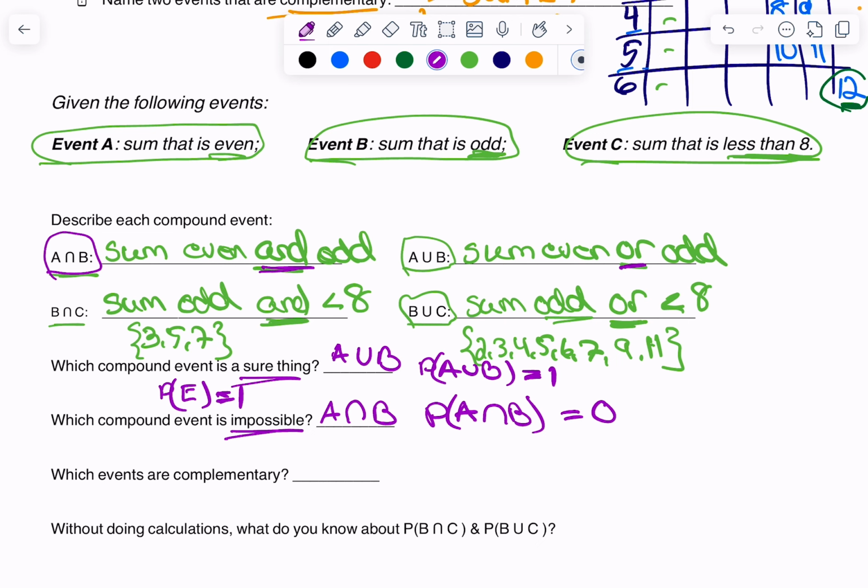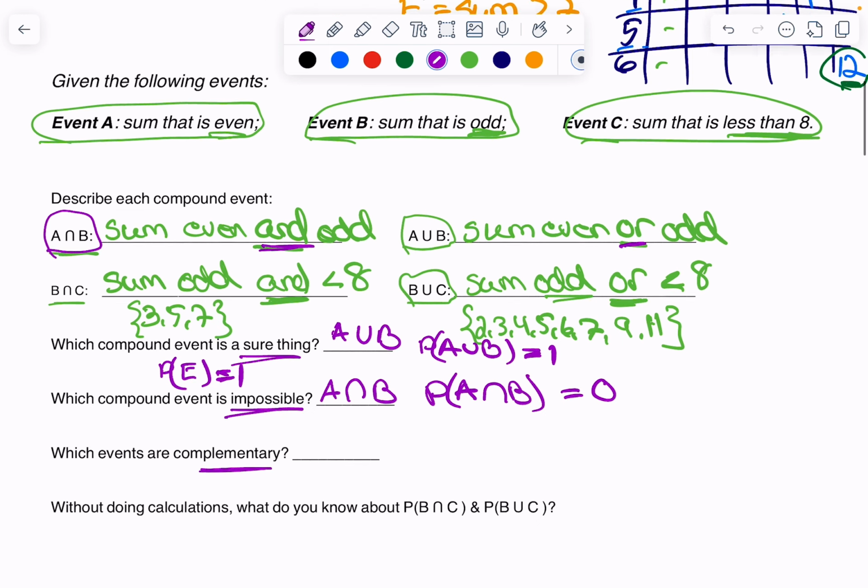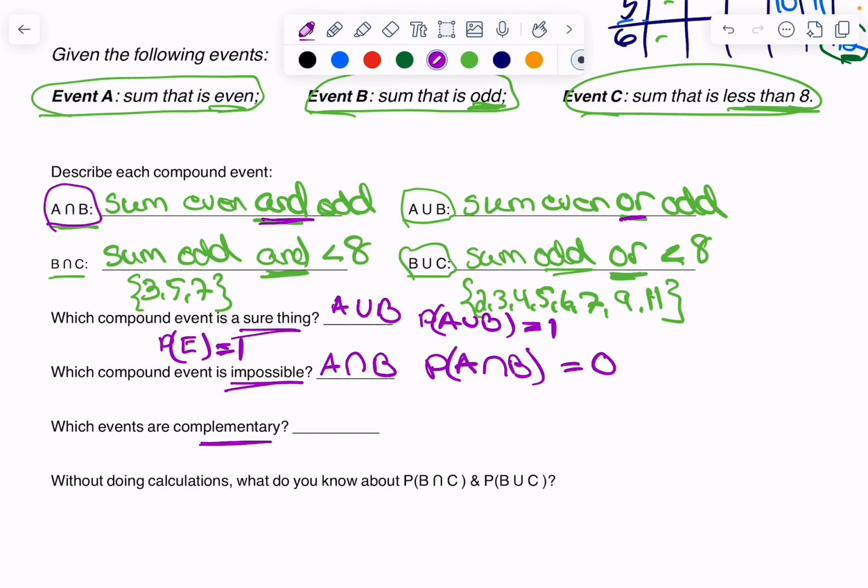Okay, next, which events are complementary? Well, if you think about what we just looked at, impossible and sure thing, or actually the impossible, we looked at event A and B. So those are going to be complementary because it's either a even or odd. There's nothing else.